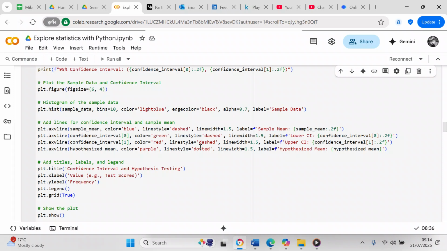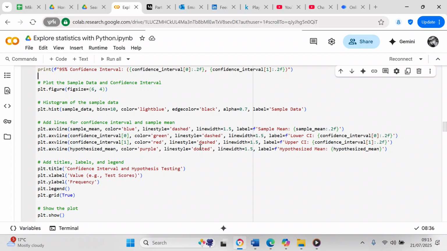plt.axvline, brackets, sample mean, color equals blue, linestyle equals dashed, linewidth equals 1.5, label equals sample mean.